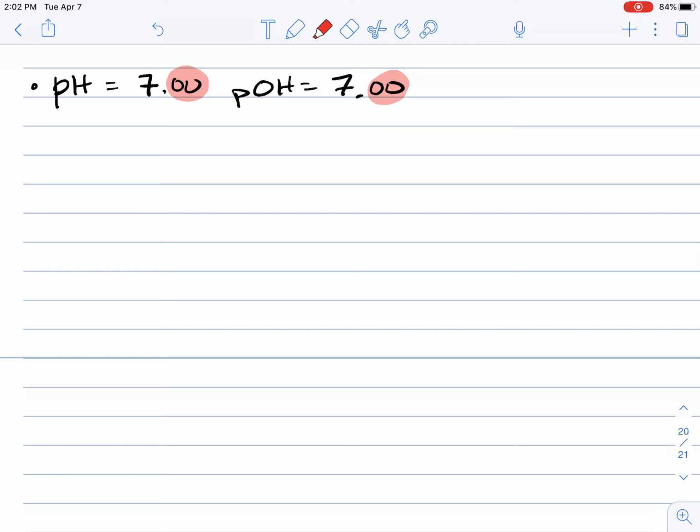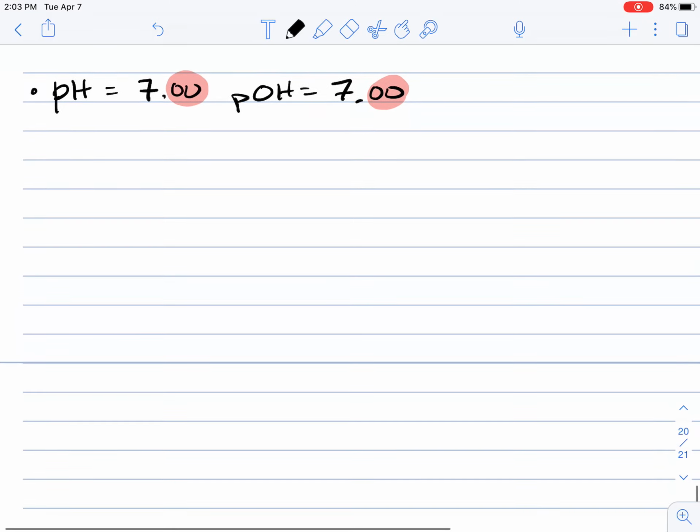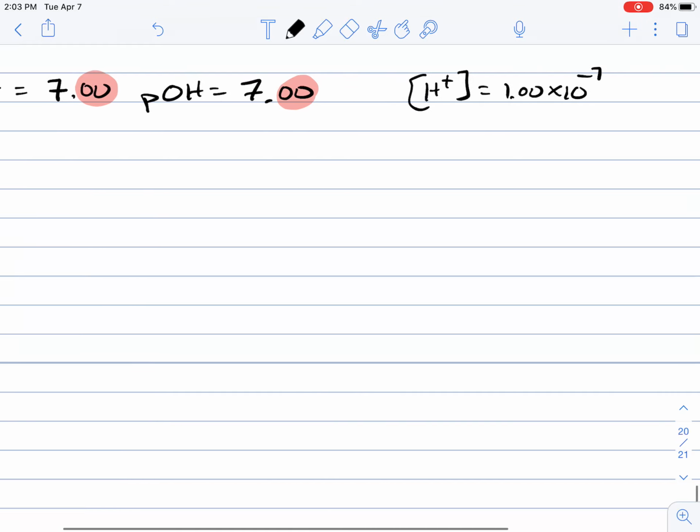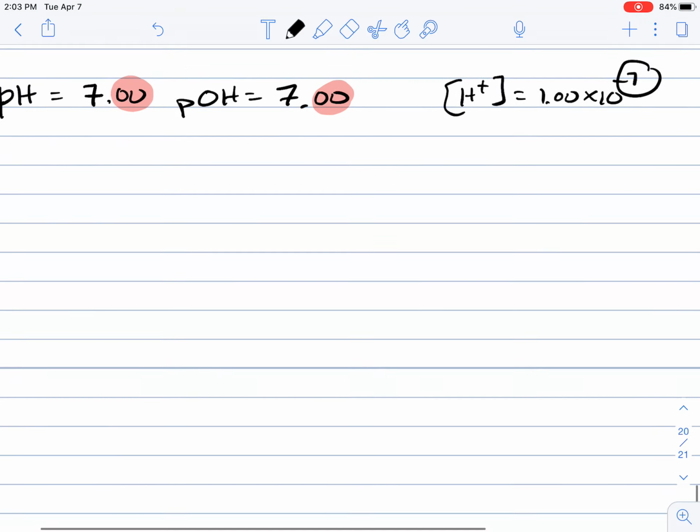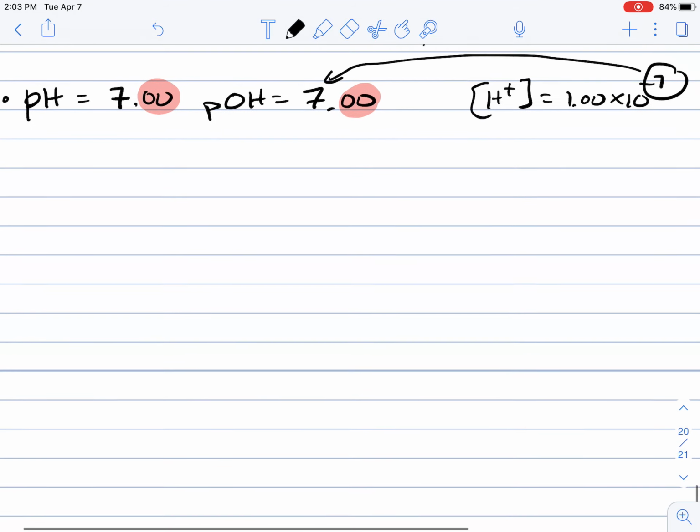The first digit, so anything before the decimal, is insignificant, because that number is coming from the exponent in your scientific notation. Just to show you that a little bit more, if the concentration of H plus is 1.00 times 10 to the negative 7, notice how this 7 is brought forward as a whole number in your pH or pOH.